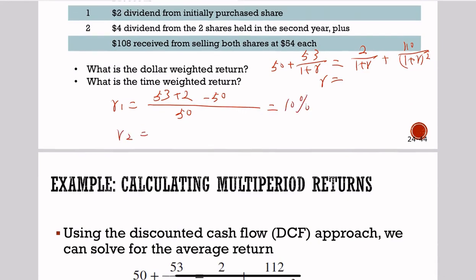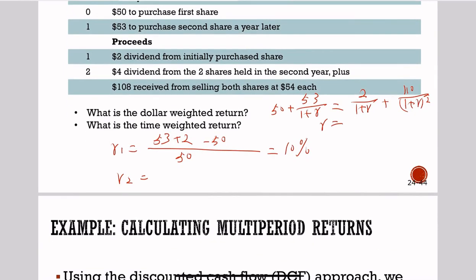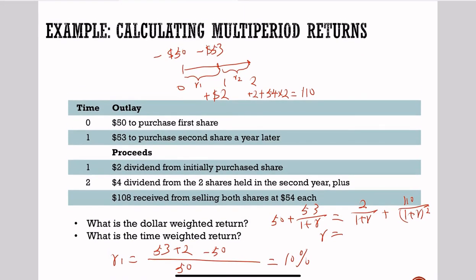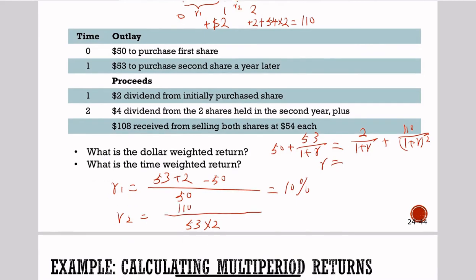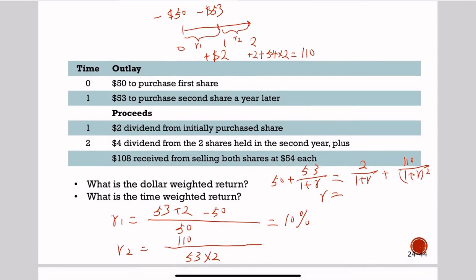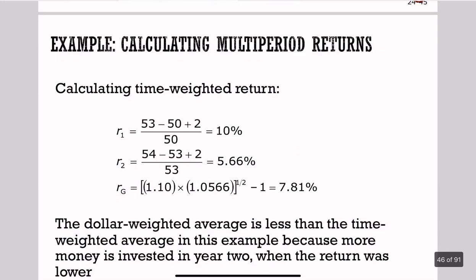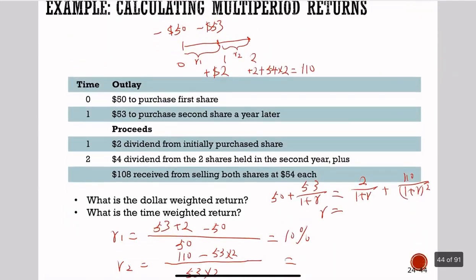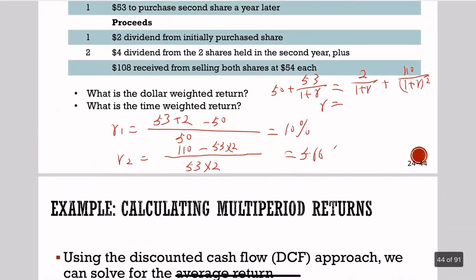Now R2, well, for R2, you actually have 2 shares, right? And the cost of the shares is 53 times 2. And then at the end, you will get 110, so you will have 110 minus 53 times 2. So this gives you 5.66%.